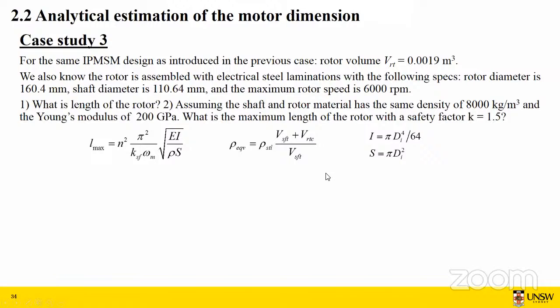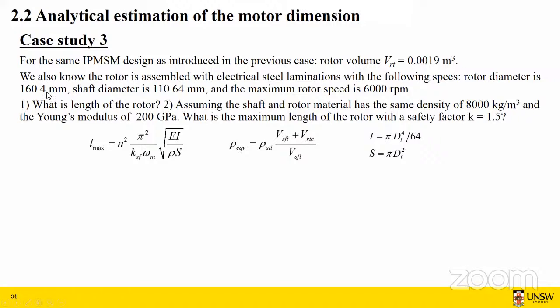All right, so last case study. After we finish this one, we'll go to the FE workshop. Okay, for the same machine design, still the Prius electric machine IPMSM, our calculation tells us the rotor volume should be 0.0019 cubic meter.